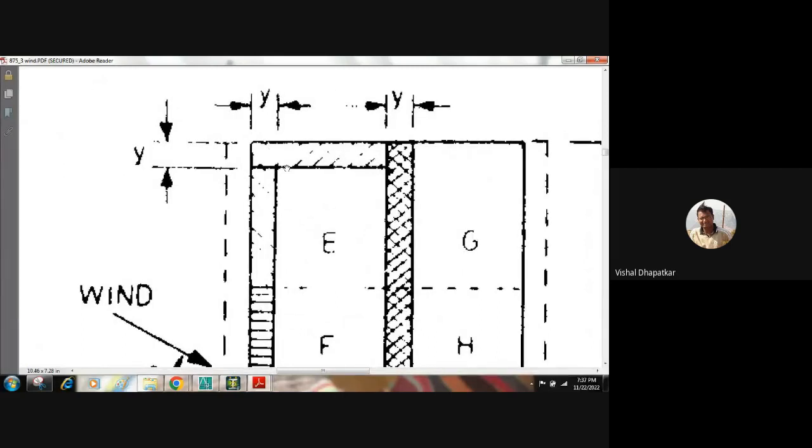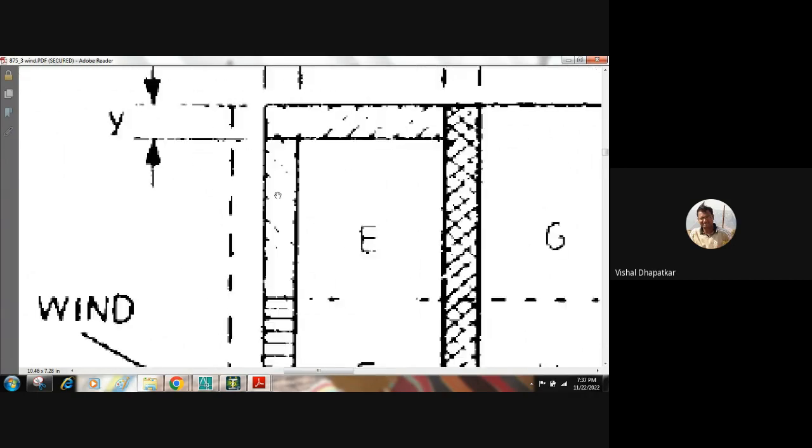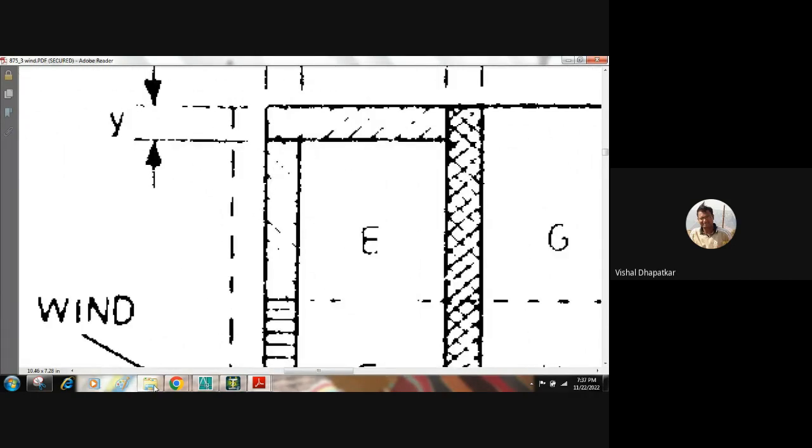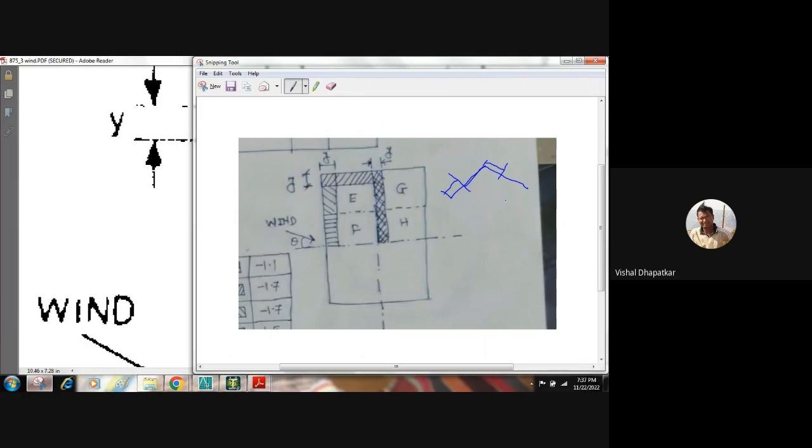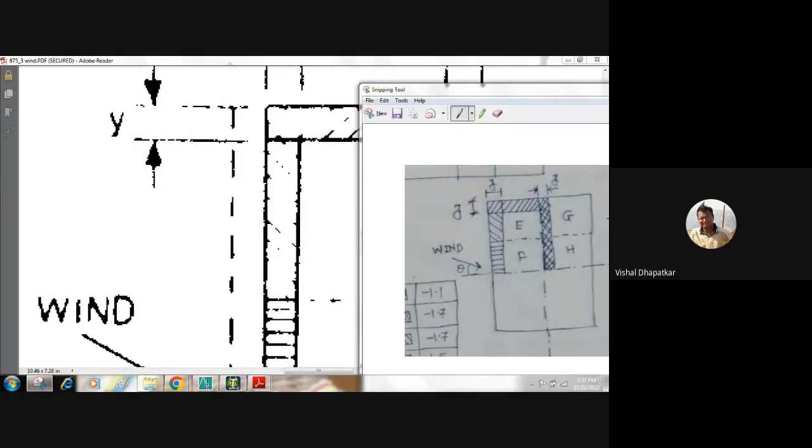So this portion is for the force coefficient of 2. Then here we have a pattern like this. For the top portion, we have this pattern. For this vertical portion, the pattern is a back forward slash.